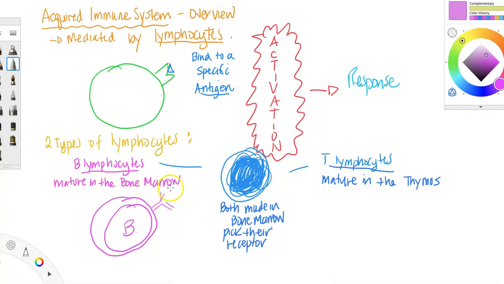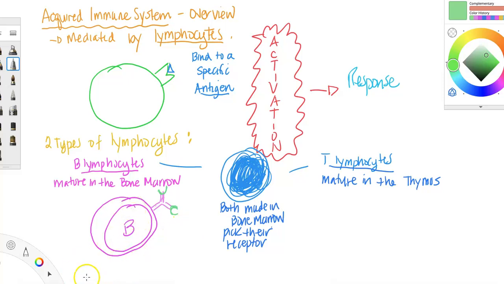And these antibodies, we know, have a receptor site on the ends that are very specific. So yes, there'll be antibodies all over this B cell, but they all have that same receptor site. Okay.